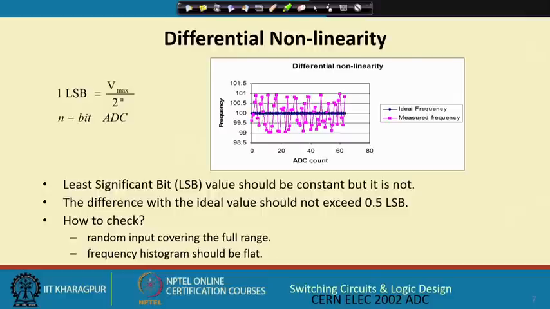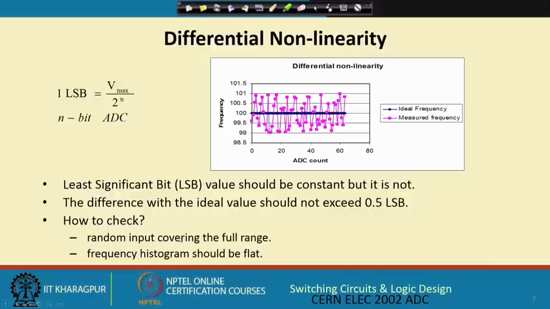But for a real AD converter, for an acceptable AD converter, the difference from the ideal value should not exceed half of the LSB value. Typically, how do I check? We apply a large number of random inputs covering the whole range.